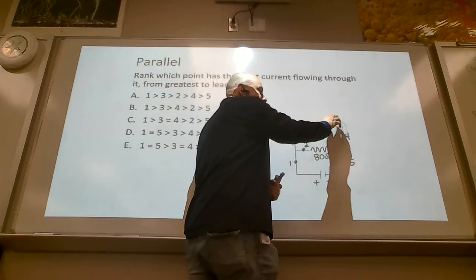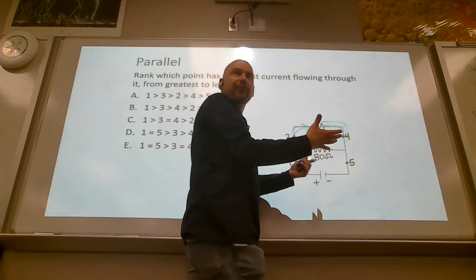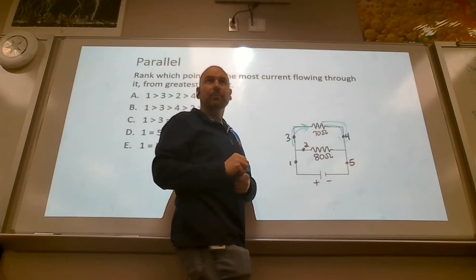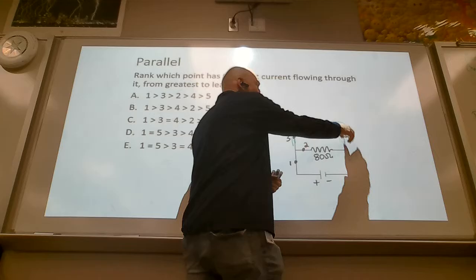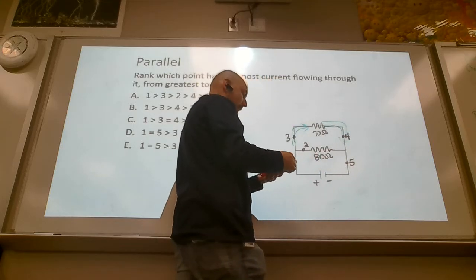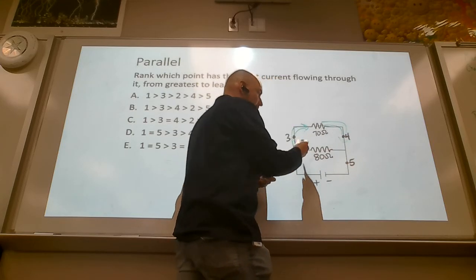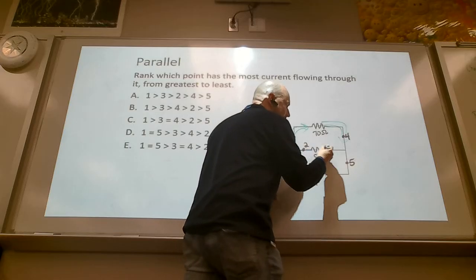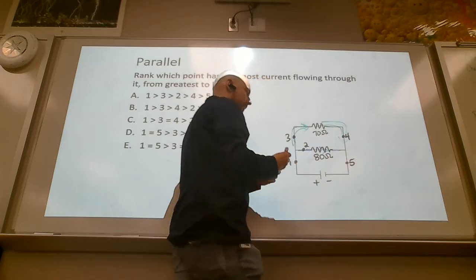You can't have more going in than coming out. Then there'd be flooding. You all right with that? Can't be more leaving than going in. It's the same amount of current. Okay? We have that same conversation with 2. It's the same amount of current going through here.